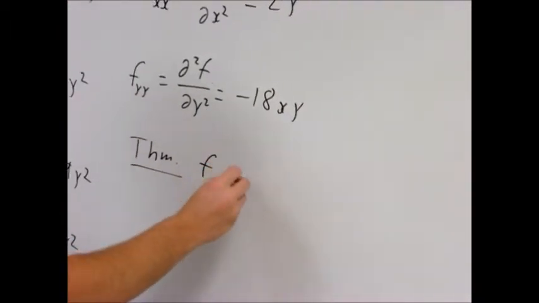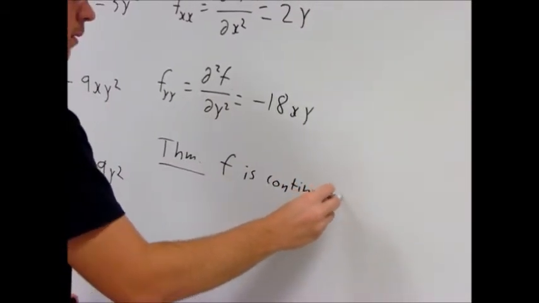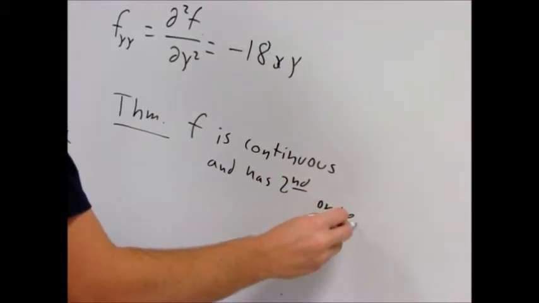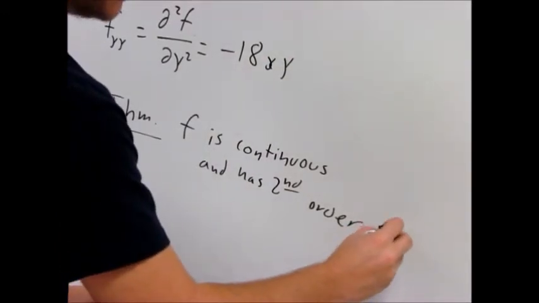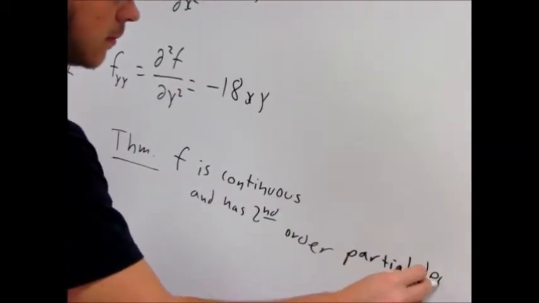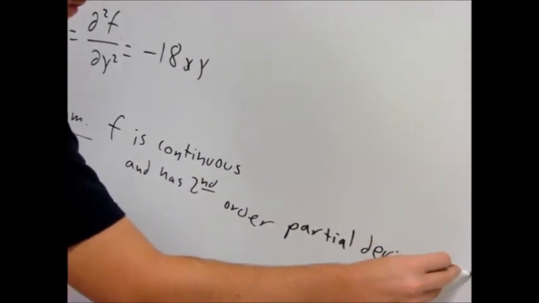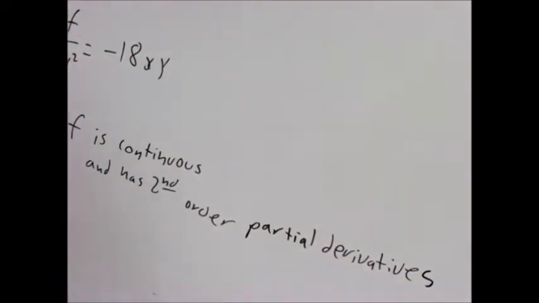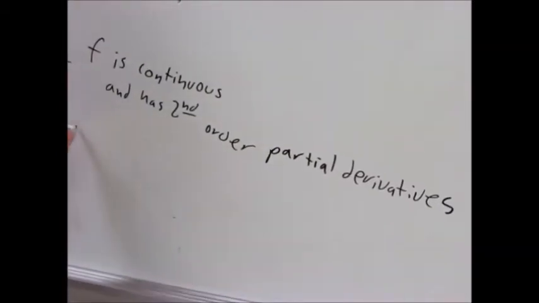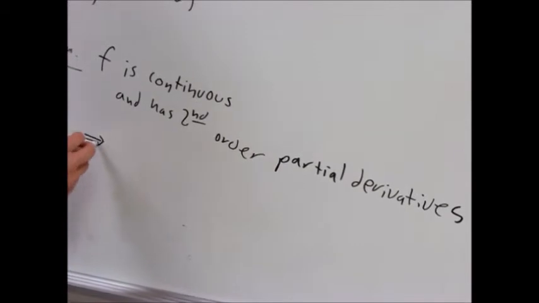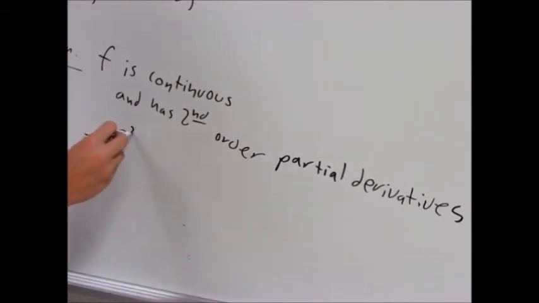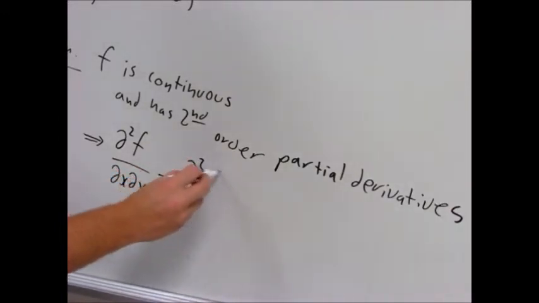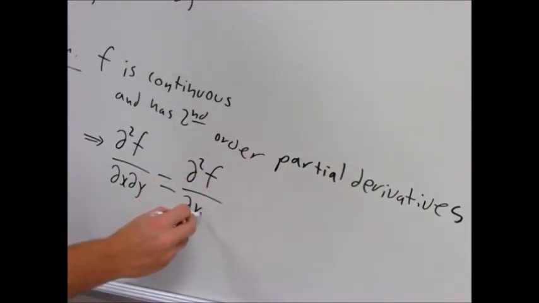that if f is continuous and has second order partial derivatives, basically it's differentiable twice, then the derivative of x first then y is equal to the second derivative where you take y first with x.